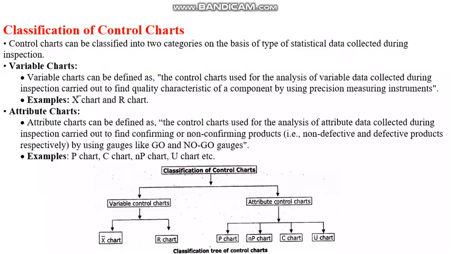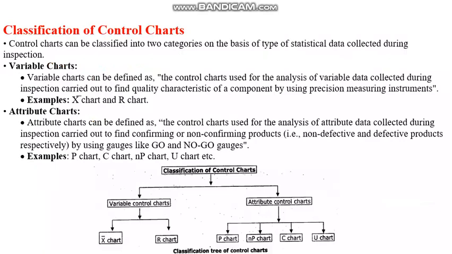Then, classification of control charts. There are many control charts, so we have to group them. Control charts can be grouped into two categories on the basis of the type of statistical data collected during the inspection.